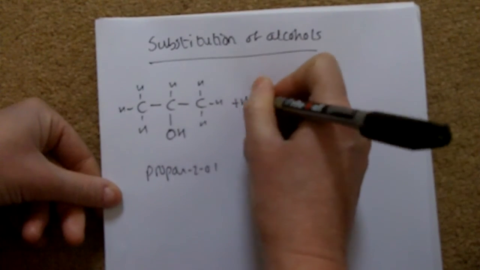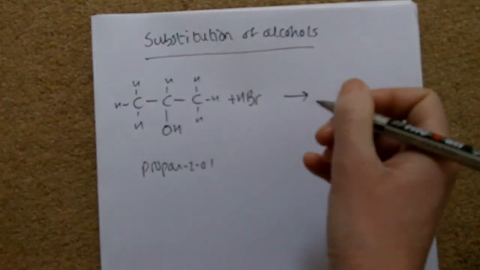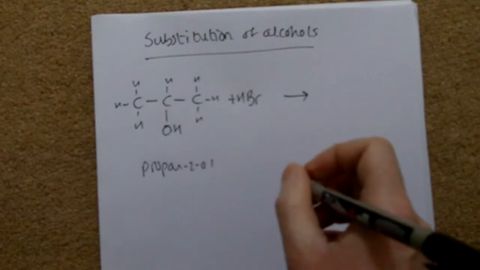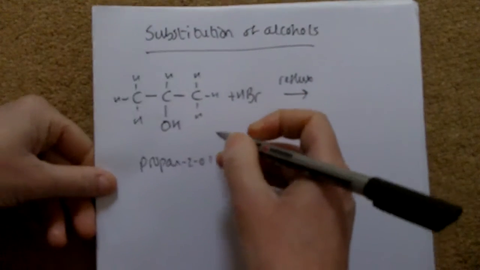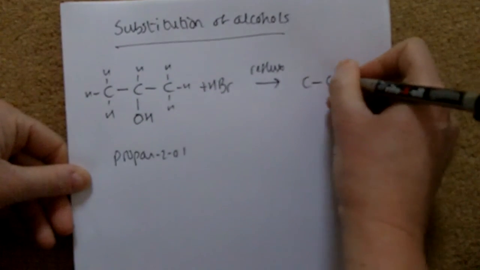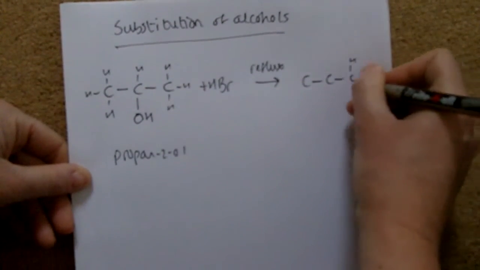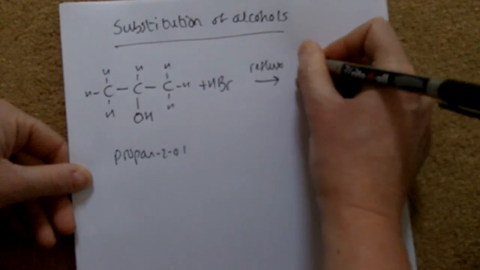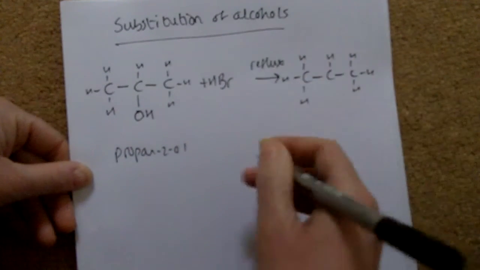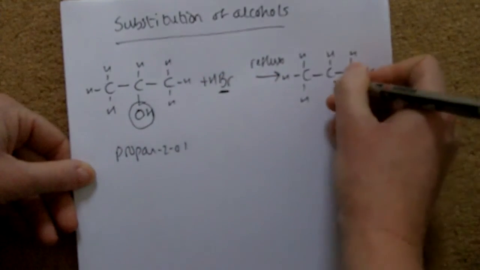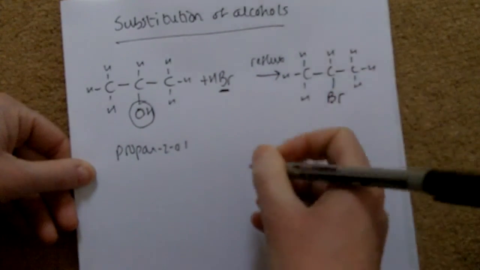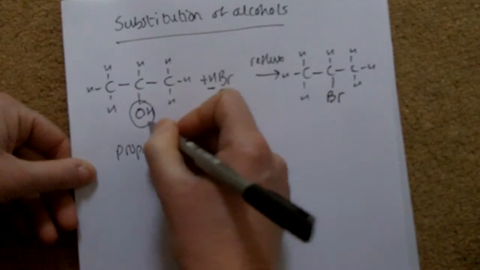If you add HBr, and it's heated under reflux as well, a substitution happens. So the carbon skeleton is the same. Just draw the carbon skeleton exactly the same, but instead of the OH, we replace it with a Br. And then the other product is water.